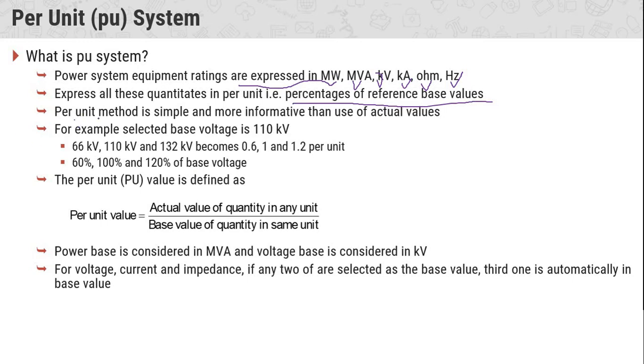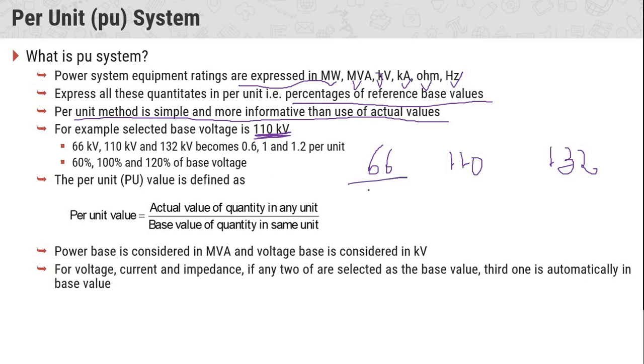The per unit method is simpler and more informative than the use of actual values. Now take one example. Select 110 kV as the base value. So we take 66 kV, 110 kV and 132 kV. Write the per unit value of these three quantities according to the 110 base.